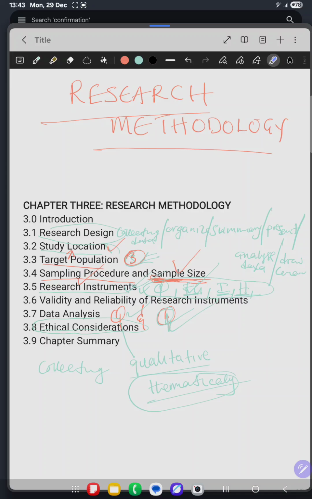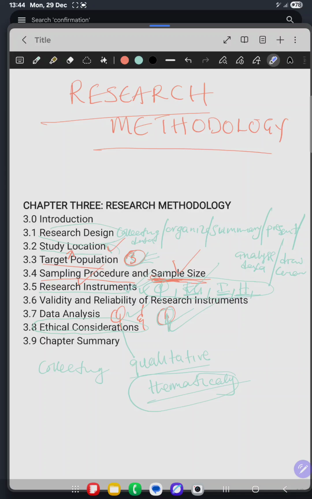The research is done and they present it to the supervisor. The supervisor also doesn't go through it. The research is done and somebody has graduated. So as a researcher, once you do those things, just know that you are not ethically upright. You are not following what we call the ethical considerations in research.